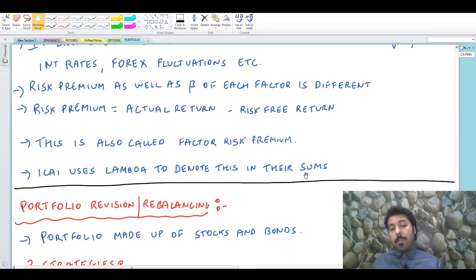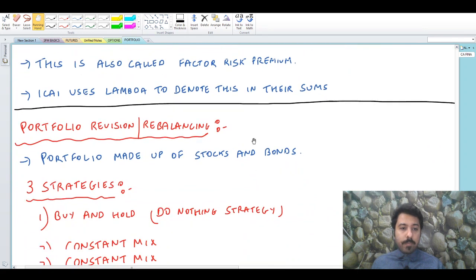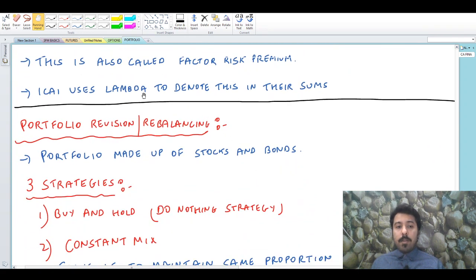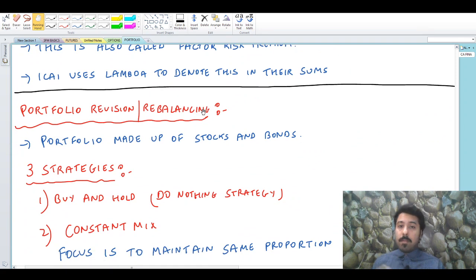We'll add all of them. The formula is just the same. Instead of the original formula, we have individual betas and individual returns. So we'll calculate the sum total to get to RE. It is very easy and very simple to solve, right? If you're confused and don't understand, if you see the symbol lambda in the questions, your mind should run in this direction, that the ICI is asking a question related to APT, arbitrage pricing theory.